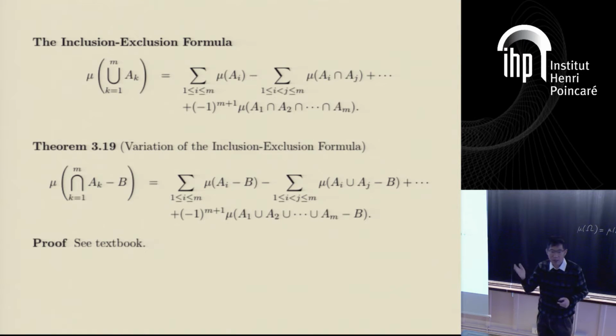You just subtract B from every set involved. So if someone can tell me why this is so, I would be very happy to know that. For a set additive function, there may be other examples that I don't know, but for all the examples that I know of, if an identity holds for a set additive function, then by replacing the unions and intersections, you again obtain a valid identity.